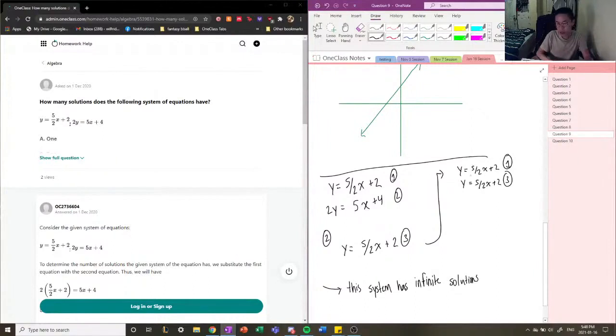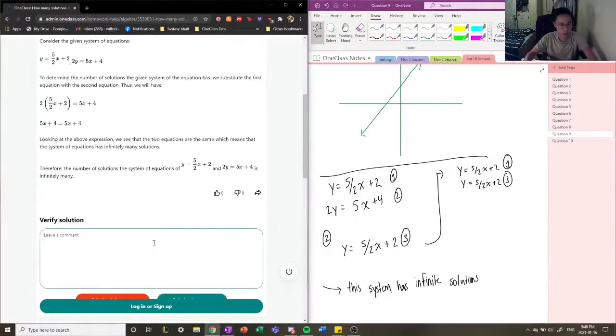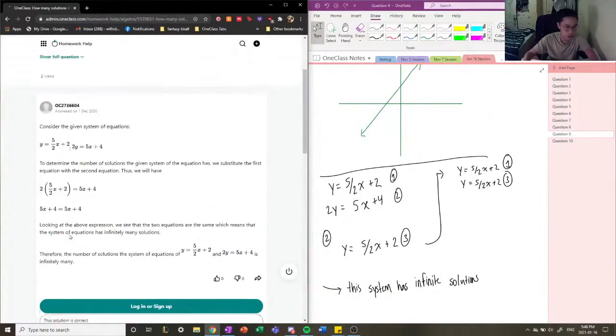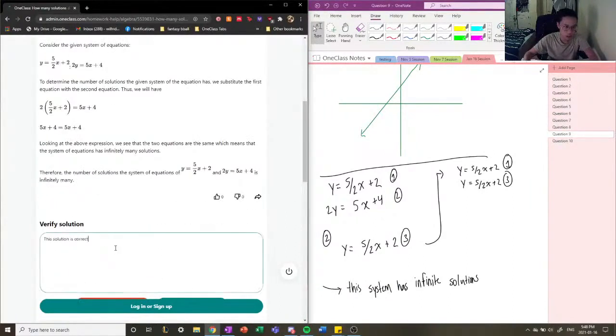Now, if we were to sub it in here, you would basically get 0 equals 0. And when you have 0 equals 0, that means that you have infinite solutions. Okay? So other than that, this solution is correct because the junior tutor said that there are infinitely many solutions. Good work.